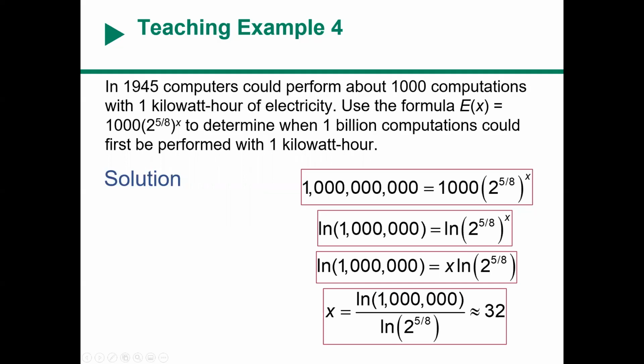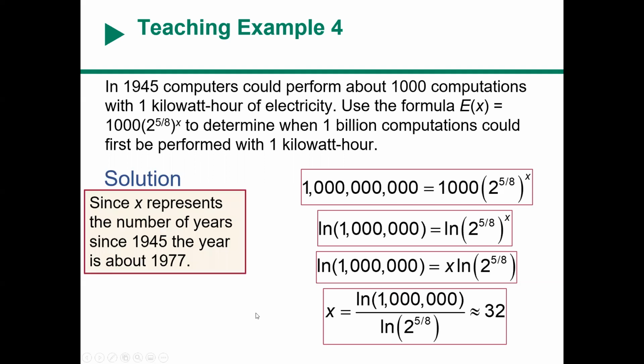Since x represents the number of years since 1945, we add, and it would take all the way up to 1977 for it to perform 1 billion computations per kilowatt hour. And that would be it.